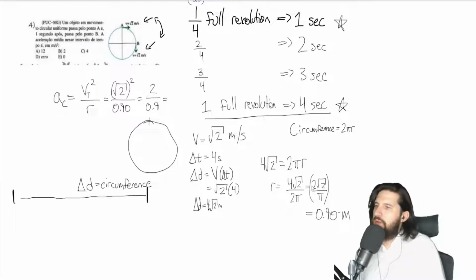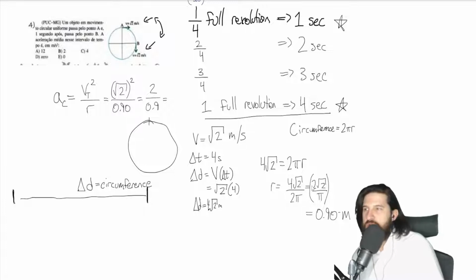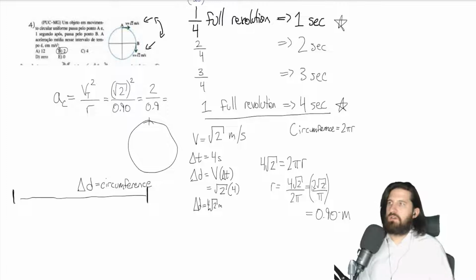Should be a little bit bigger than 2, right? Uh-oh. I mean, maybe it's asking which one is it closest to. In that case, I would still say B, right? But yeah, let's just double check.